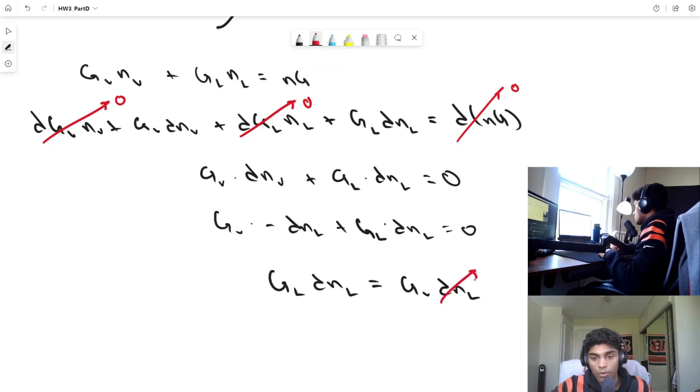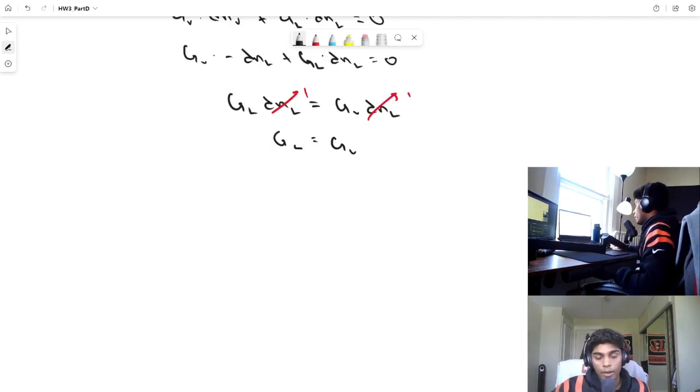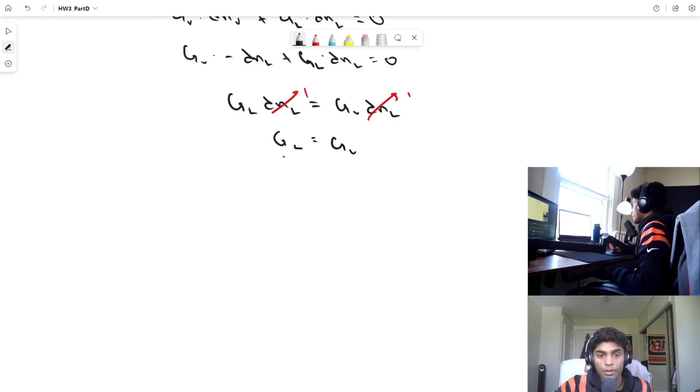So if we just divide on both sides by the differential, we find out that the Gibbs free energy on both sides in equilibrium have to be equal to each other. Now, we can take a little bit of a deeper look at this, and write out the equations for each side.